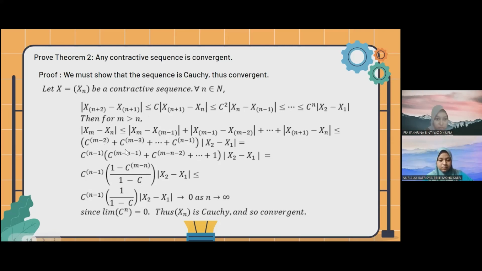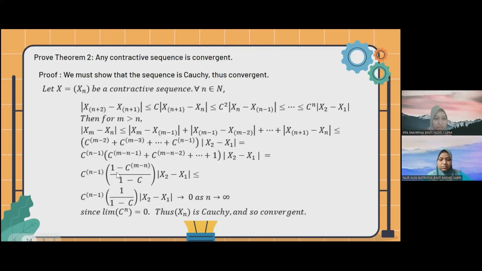It is less than or equal to C to the power of m minus 2 plus C to the power of m minus 3 up until C to the power of n minus 1, multiplied by |X2 minus X1|. Factoring out C to the power of n minus 1, we get C to the power of n minus 1 times (C to the power of m minus n minus 1 plus C to the power of m minus n minus 2 up until 1) multiplied by |X2 minus X1|.